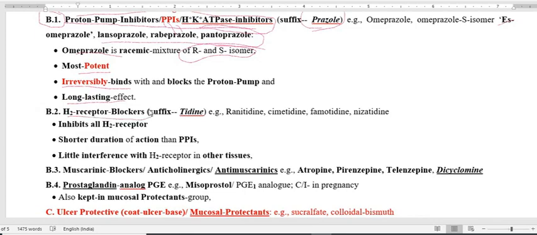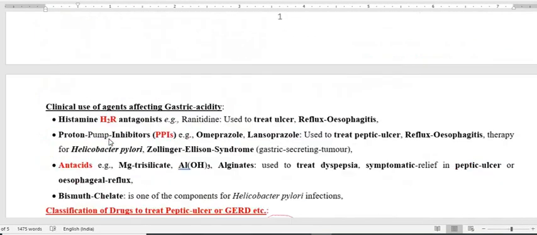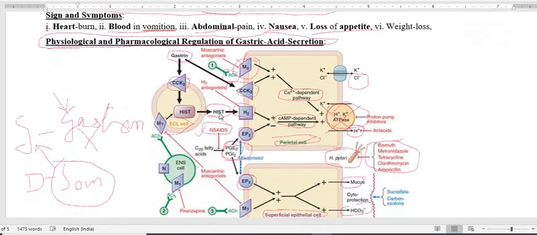The name is something we already discussed. H2 receptor blocker means the drug that occupies the H2 receptor. So the drug is going to occupy the H2 receptor, and therefore histamine will not find the place to attach to the receptor.